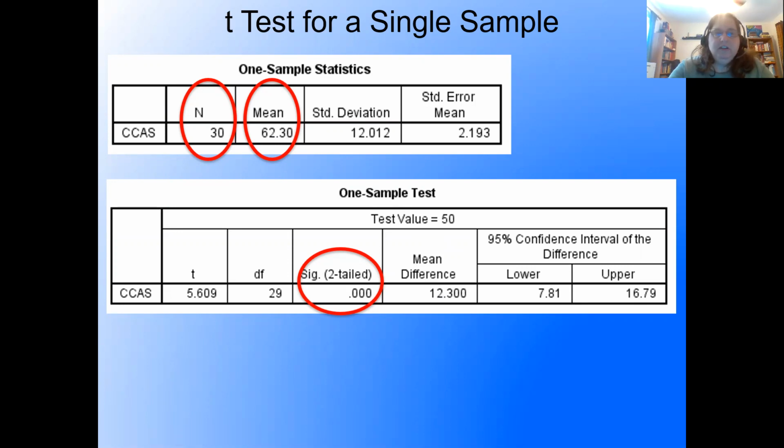Okay. Now, let's come back to this sig value. Slight problem here. It's reporting it as 0. But we know that p-values really aren't going to ever be zero because we're never going to have zero error. We know that probability really doesn't get to zero in the field of statistics. So what's really going on here?